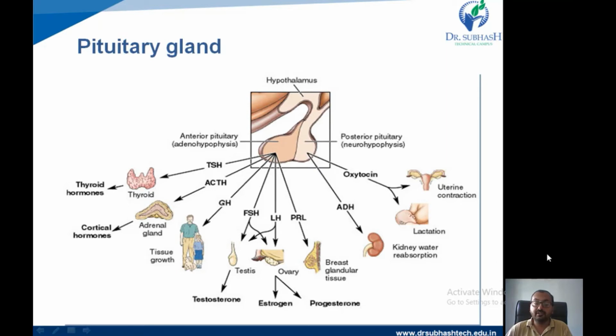Next is adrenocorticotropic hormone for the adrenal gland, then growth hormone, follicle stimulating hormone, luteinizing hormone, and prolactin. These first six are released from the anterior pituitary gland. The posterior lobe releases oxytocin and antidiuretic hormone.